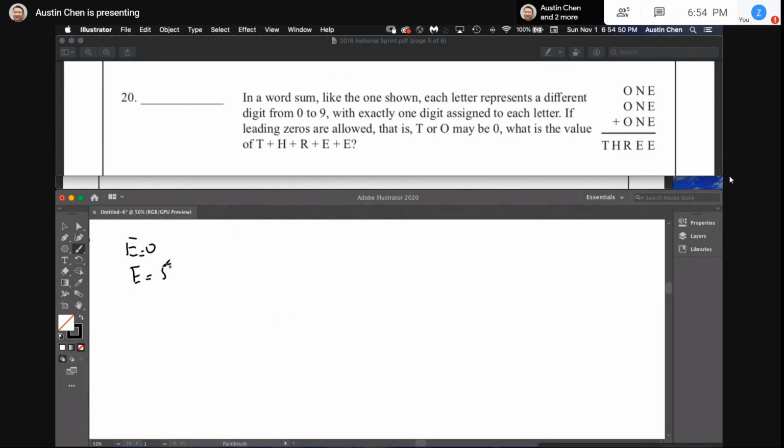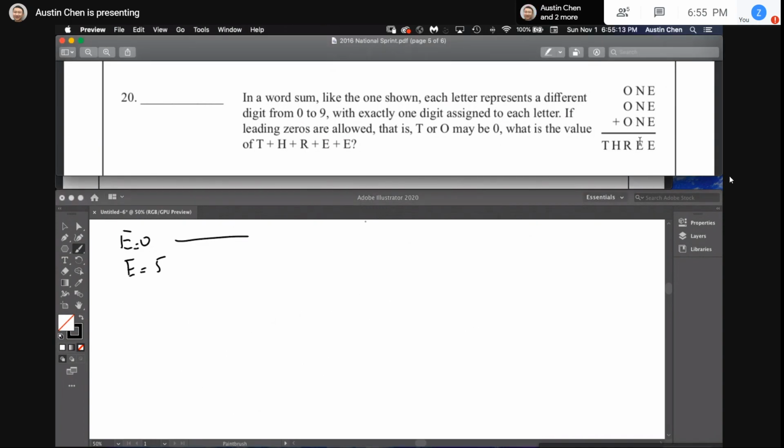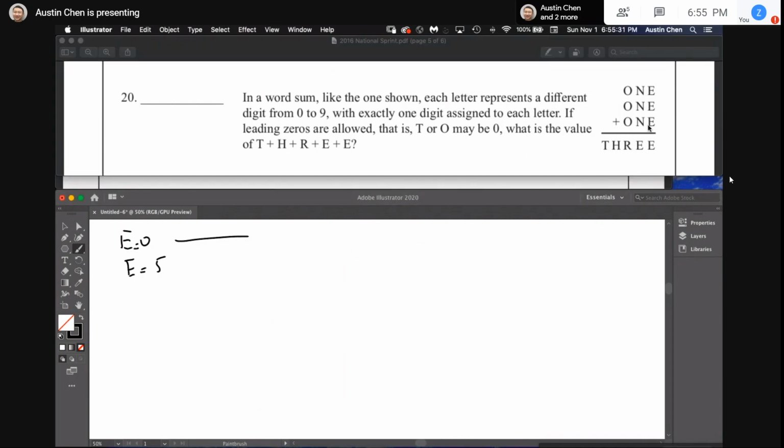Then we can look at the second column. We have 3 N's, and they're going to sum to E. Let's look at our cases. What happens if E equals 0? That means we have no carries, and 3 N's summing to something with the units digit of 0, but that's not possible unless N equals 0, which is not possible because E is already 0.